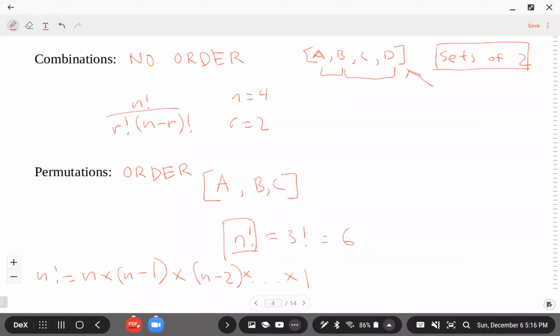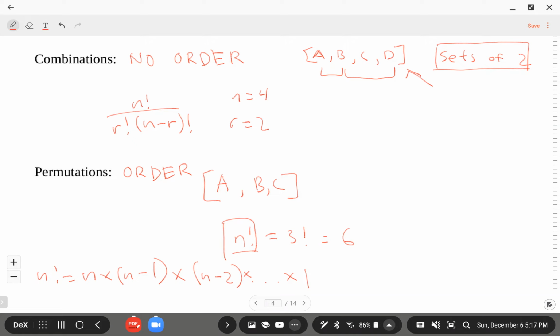In permutations, there is order. So why do we need to divide by r factorial? Because we're selecting sets of 2, and 2 factorial, or r factorial, is basically the permutation of that set you're taking out. We need to divide by this r factorial because we don't want that permutation.